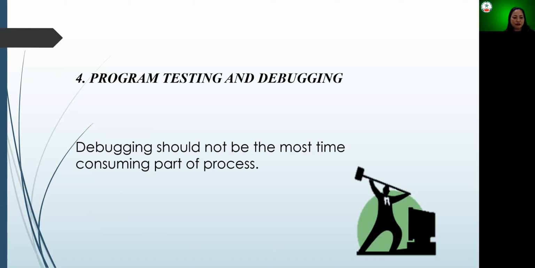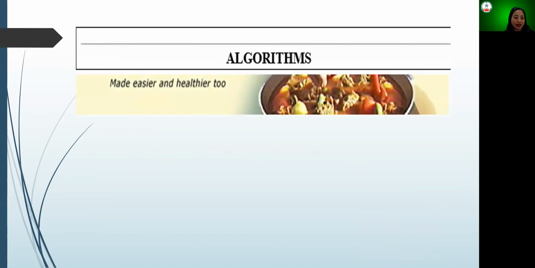So, we're done with the four steps. Okay? Moving on with algorithm. So, medyo mag-antay ngayon sa algorithm. So, as you can see, I have here a meal. Okay? Why meal?